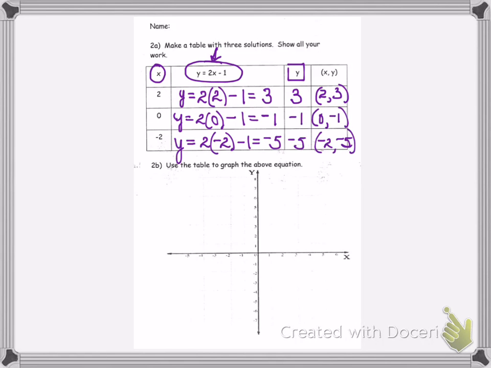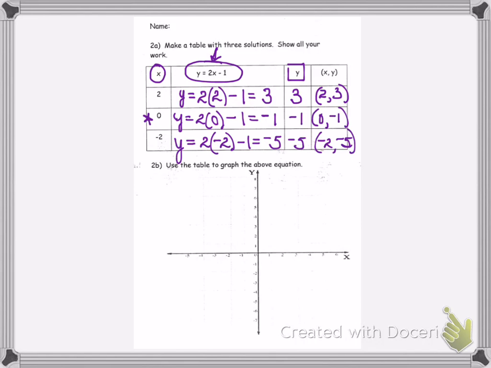And I want to point out something. The reason I chose these points is we usually choose 0 because it's a nice value to plug and chug with. And we usually pick one positive number and one negative number, and I'll tell you when you need to be careful picking these values so that you get integer answers. But for this case, we just kind of picked 2 and -2.